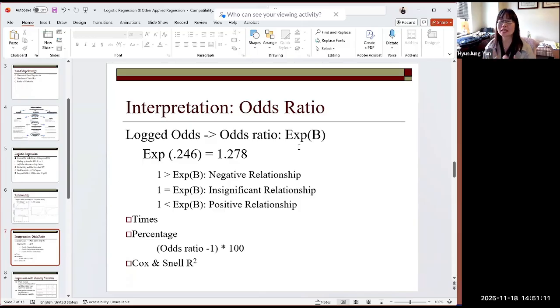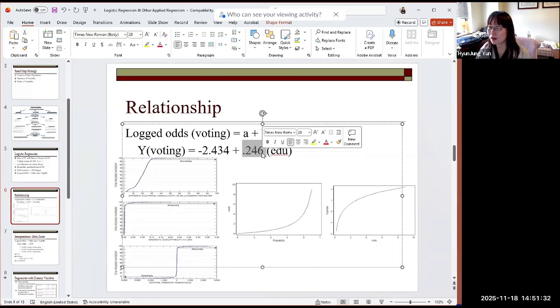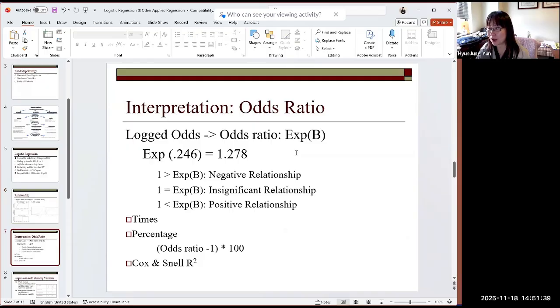Since it's only a yes or no kind of dependent variable, we want to make sure there's a way you can provide some informative information. So let's say this is the logged odds slope, and this is the baseline. The log odds slope is 0.246, and if you take the exponential slope value, it is 1.278.